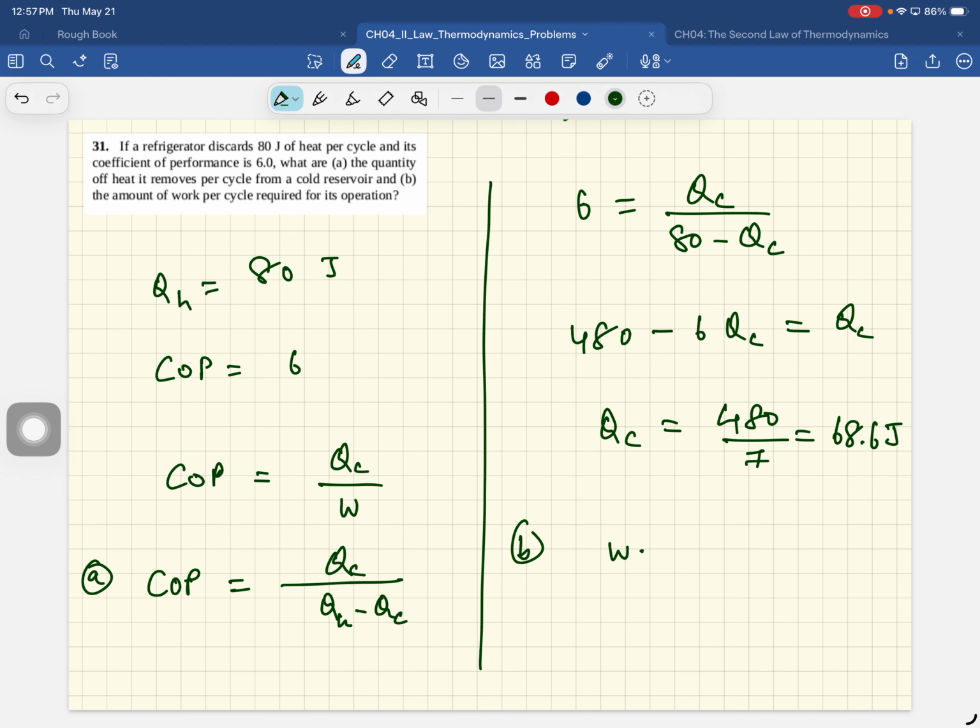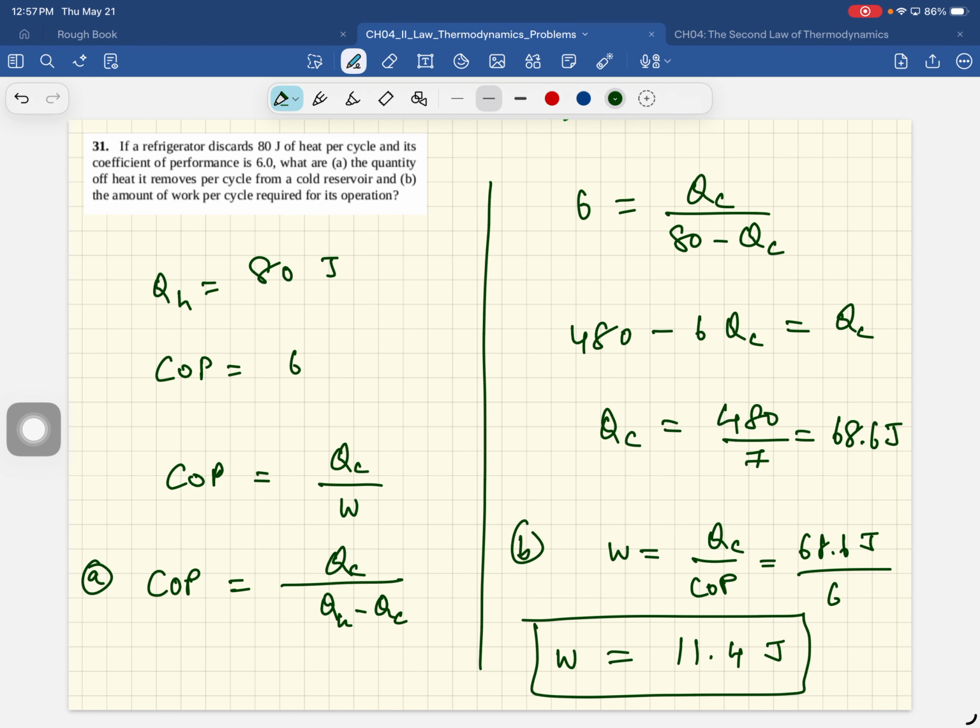An ideal gas at 300 degrees Kelvin is compressed isothermally to 1/5 its original volume. Determine the entropy change per mole of the gas. Okay. So the entropy change is nR ln of V final over V initial, I believe. Let me make sure of the expression. There you go.